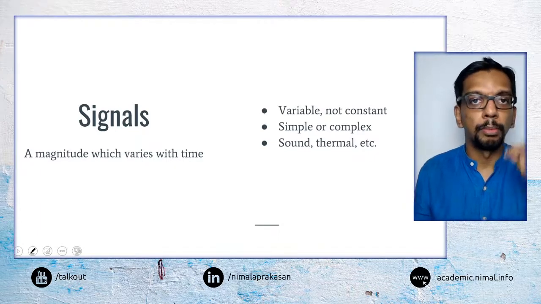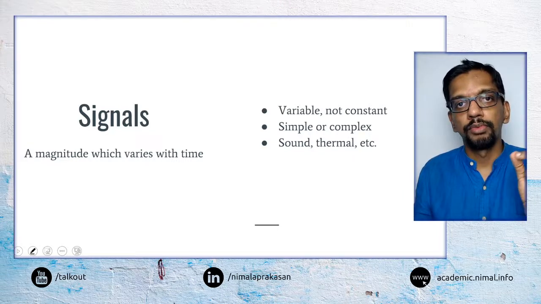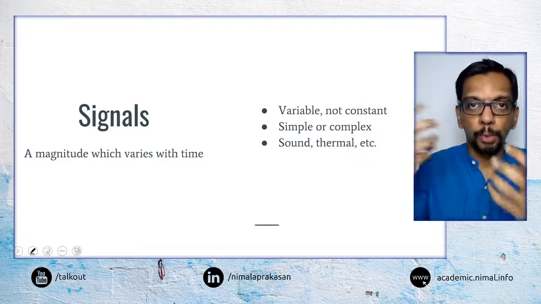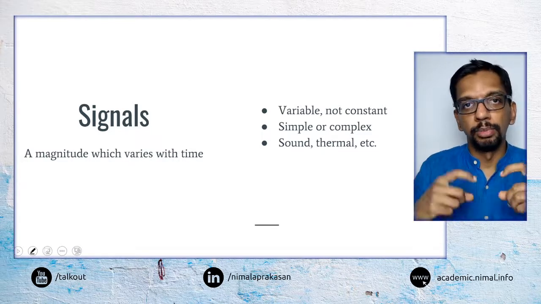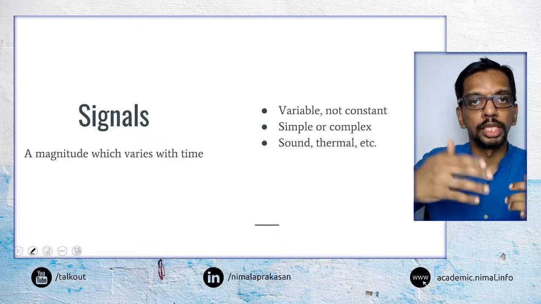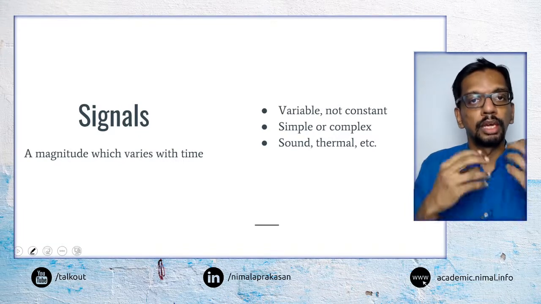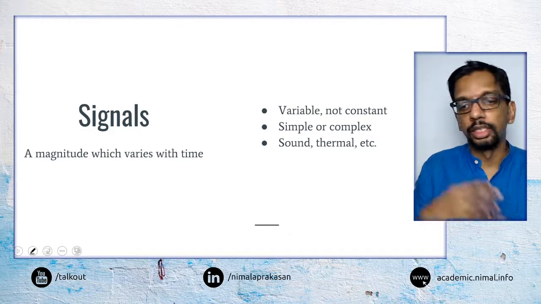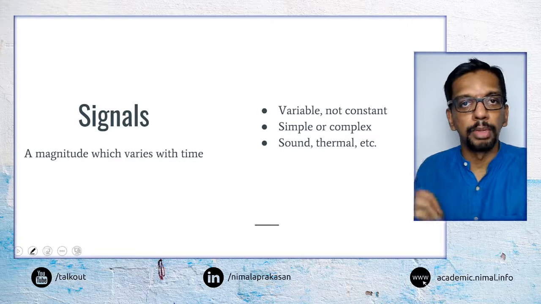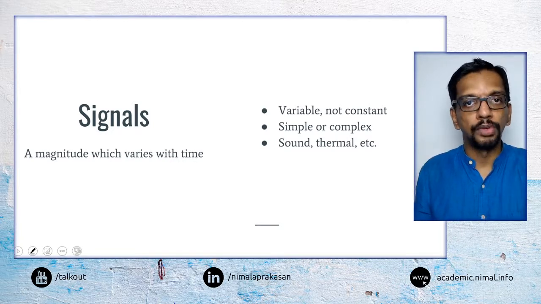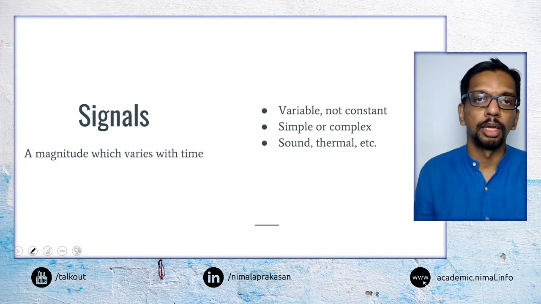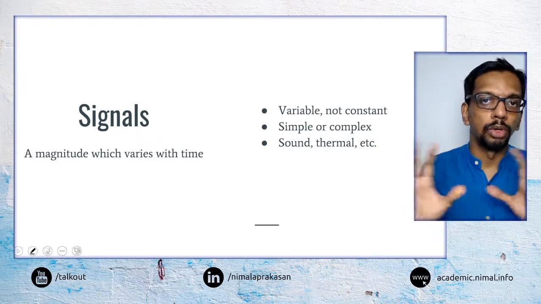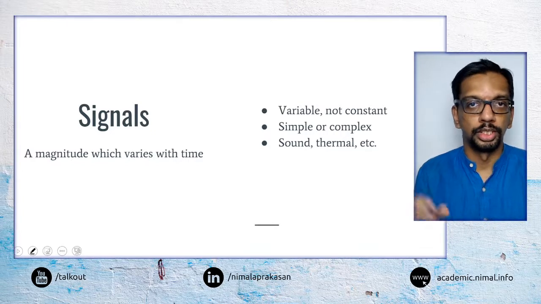When we record that speech, that will be a fairly complex signal because it is going to carry a lot of properties: various frequencies, various amplitudes of sounds, so that will be a much more complex signal. So sound signals, thermal signals, there can be a number of examples. We will cover signals in a much more detailed manner in one of the upcoming lectures, but signals are also an important part of digital control systems.